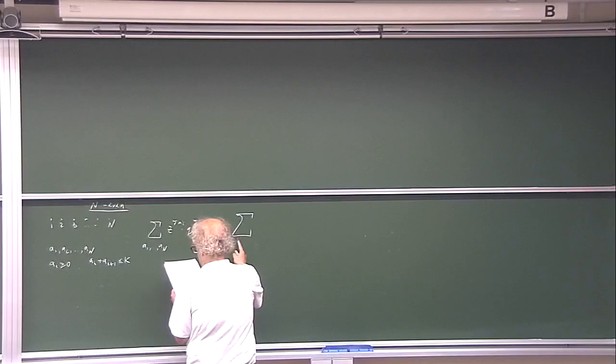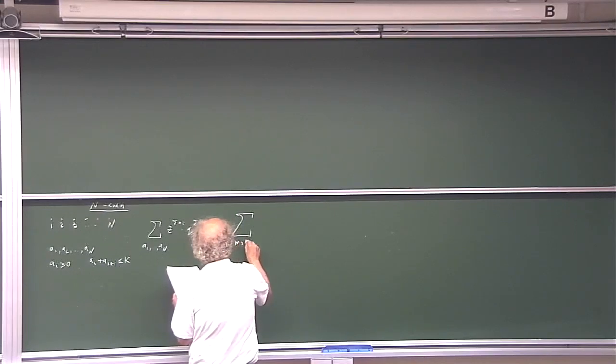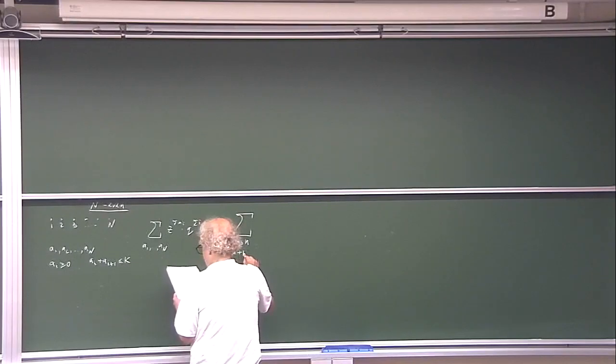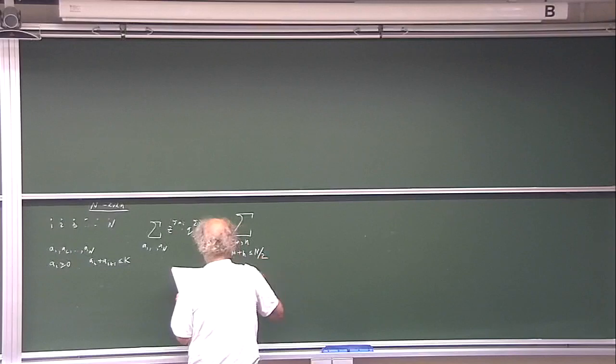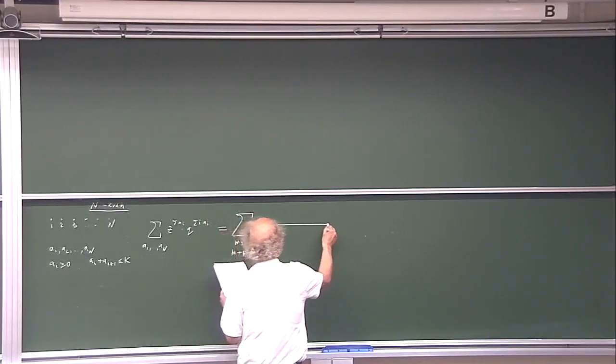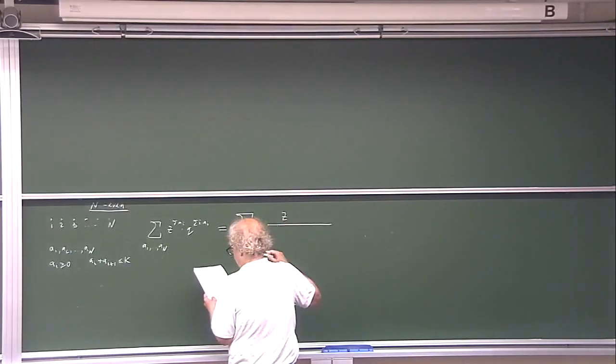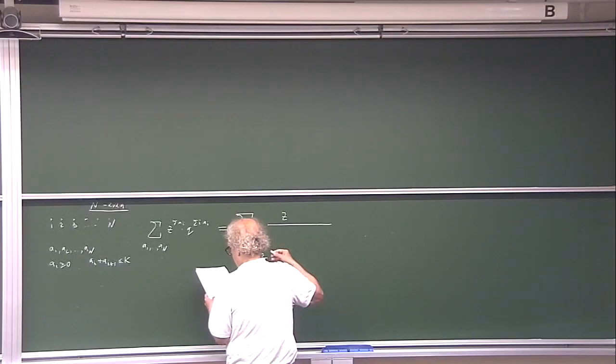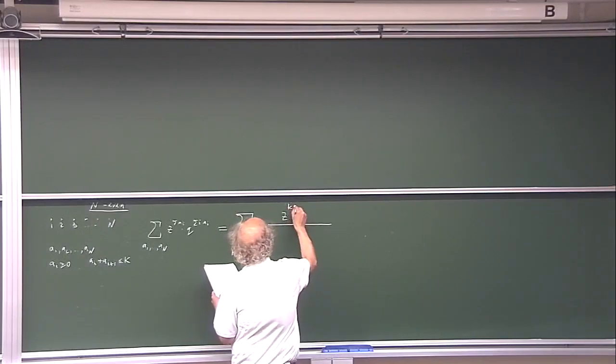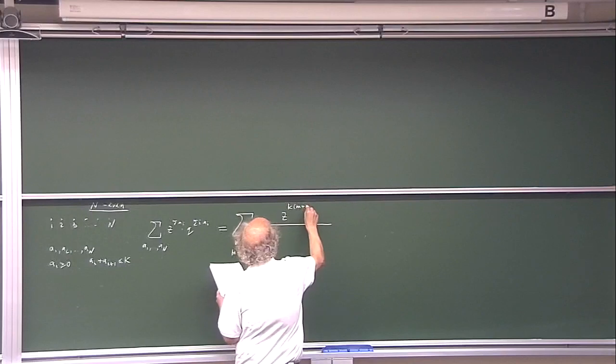It is equal to what? We have to sum by two numbers, m and n, where m plus n is less than n over 2. And here we have the following things. On the top, just a monomial like this, k to the m plus n.